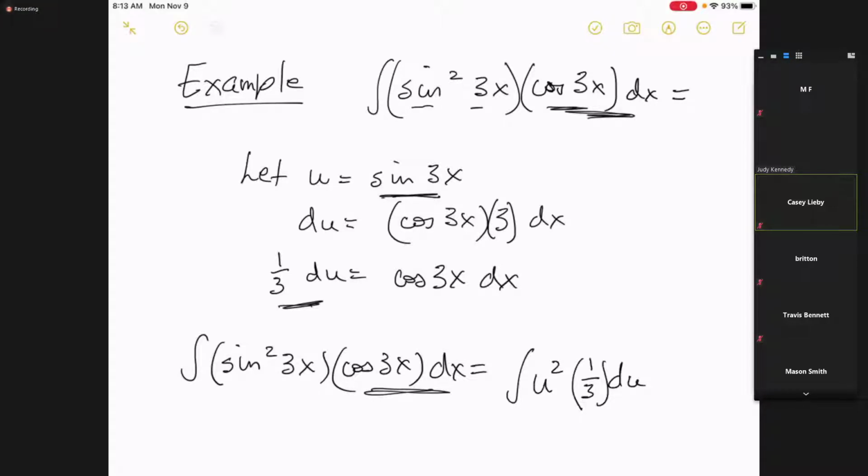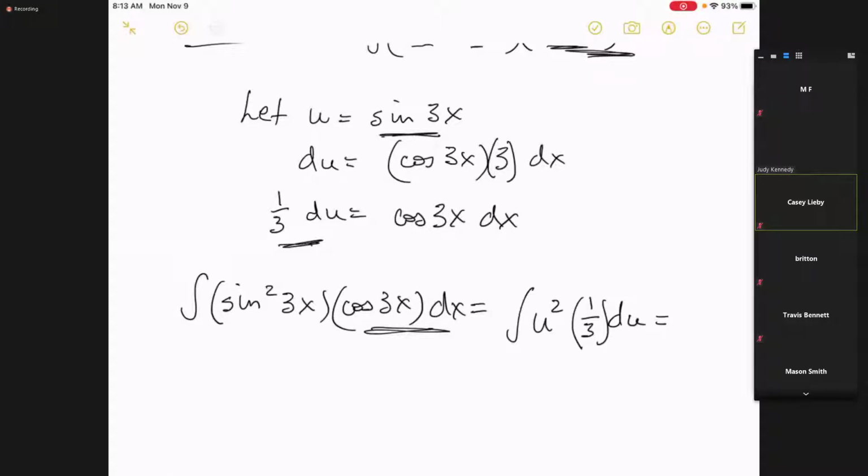And notice I convert all of my x's over to u's. Now, some people like to do it one step at a time, and that's fine with me. But you cannot integrate until you have all x's or all u's. You don't want x's and u's mixed together.